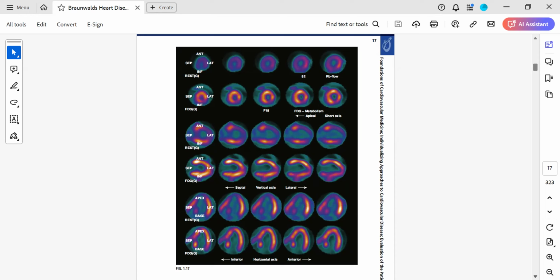So the picture we have before us, the way to interpret it is this: for the flow tracers, they measure at rest and during stress. Stress can be physiological stress, maybe on a treadmill, for patients that can reach the optimal physiological stress demand.